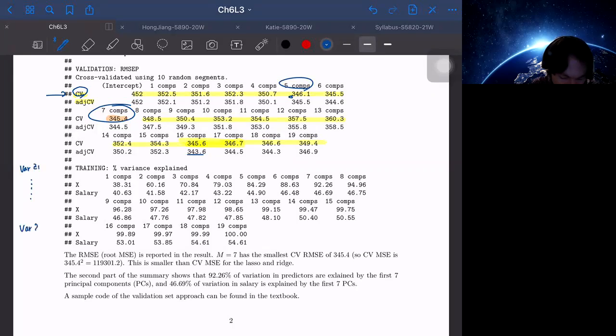Then we take the summation, suppose the summation is S, then 100 plus 10 over S.